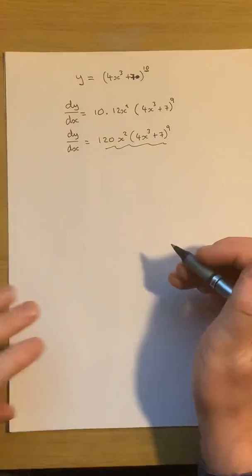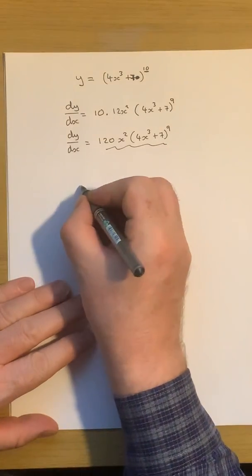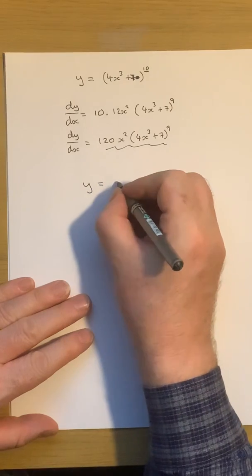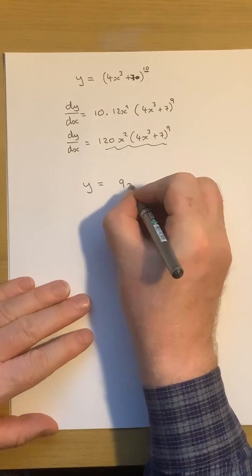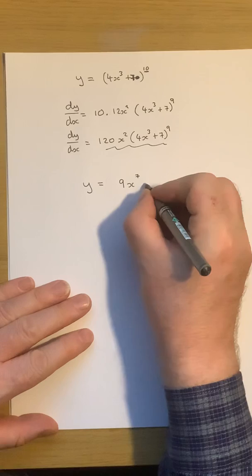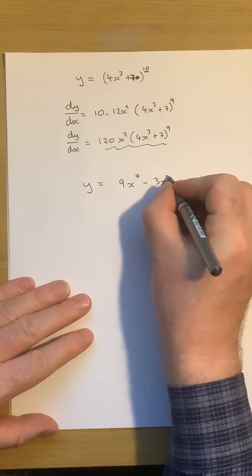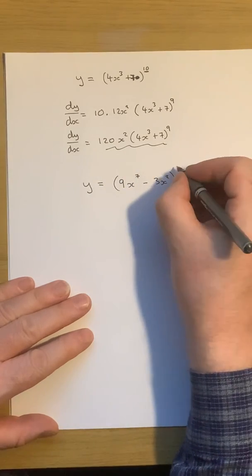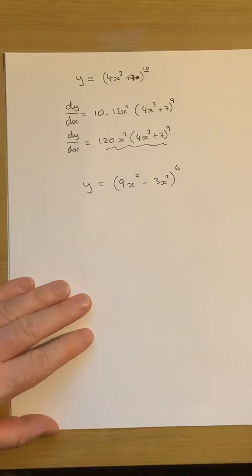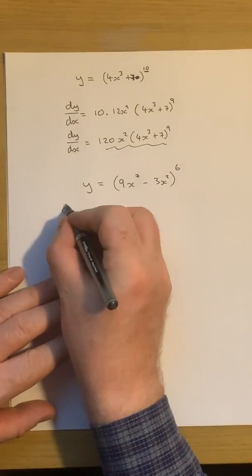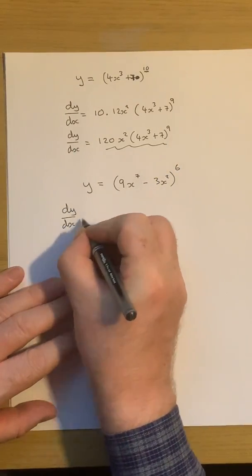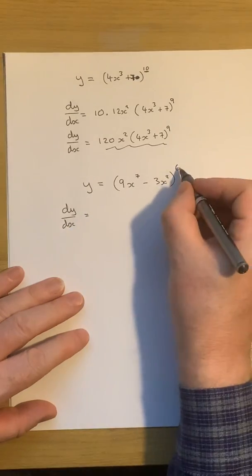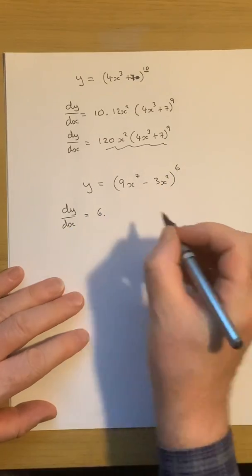So let's take another example now. We'll get y equals (9x to the power of 7 minus 3x squared) to the power of 6. So dy by dx equals, we write down our 6 times.